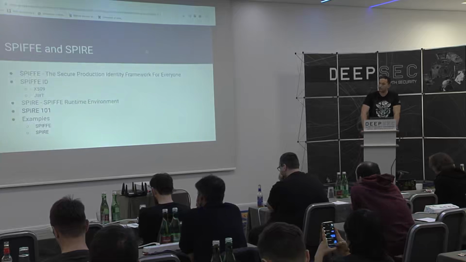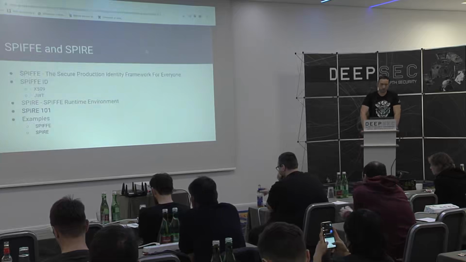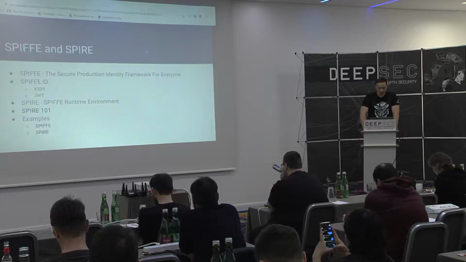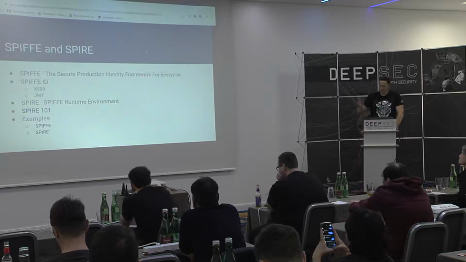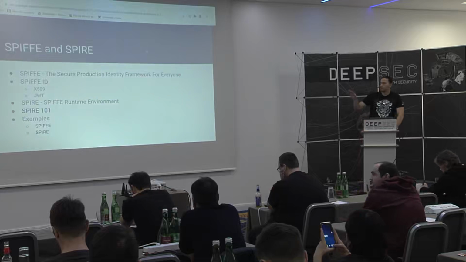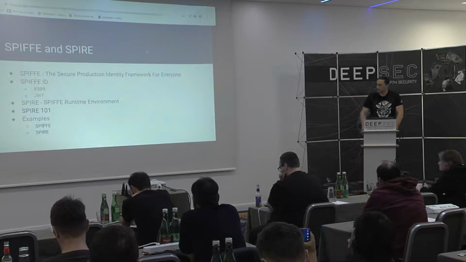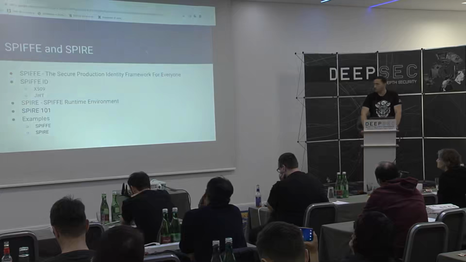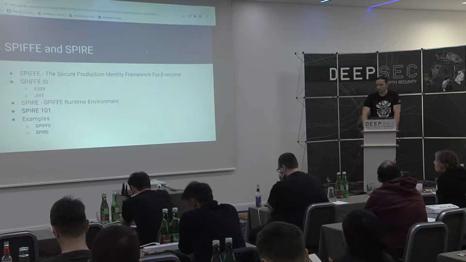SPIRE is an implementation of the SPIFFE standard in Golang. On the slides, you can see different materials, SPIRE 101, different examples, and so on. There are many different scenarios for how to use SPIRE with Kubernetes, with Envoy, Istio, and so on and so on.